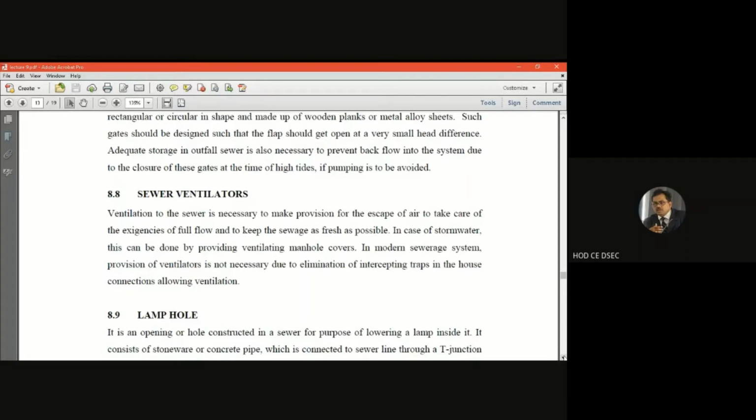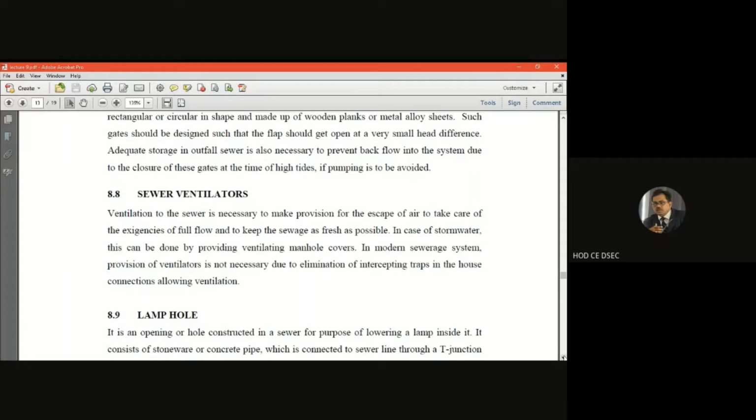These gases are required to escape from the sewer. So, taking care of the exigencies of full flow and to keep the sewage as fresh as possible, proper ventilation in the sewerage system is very much required.